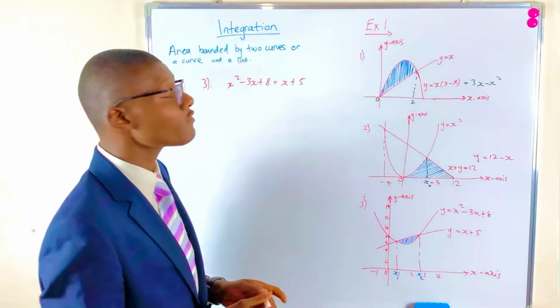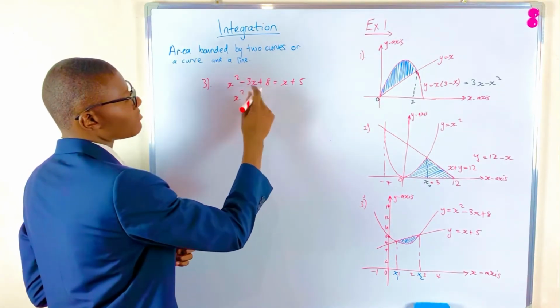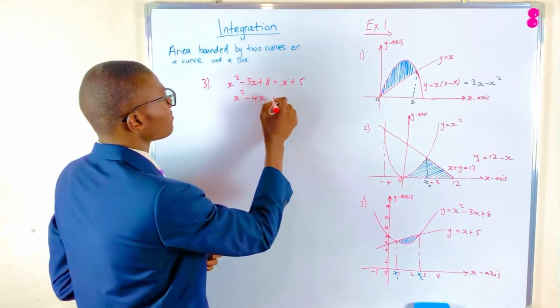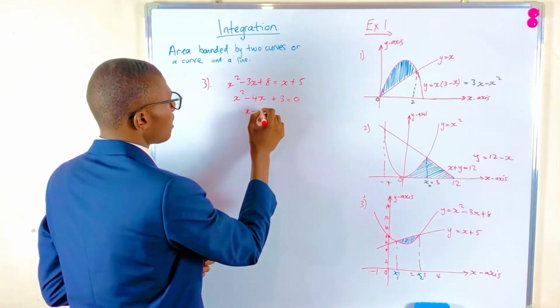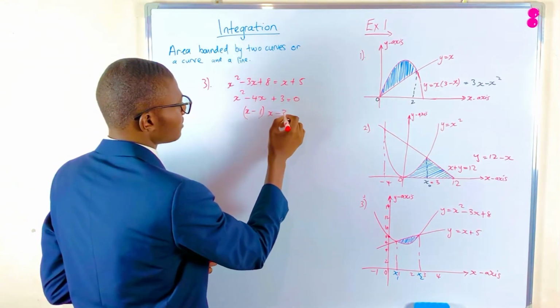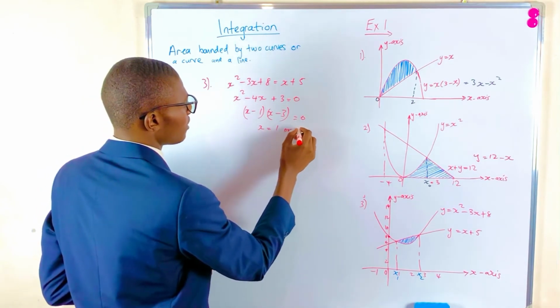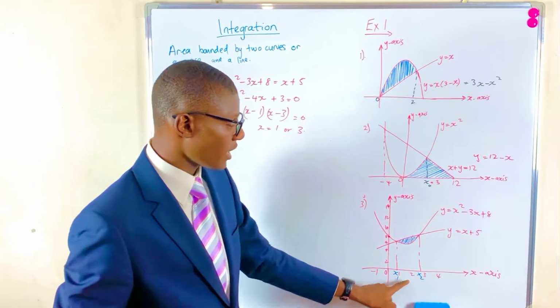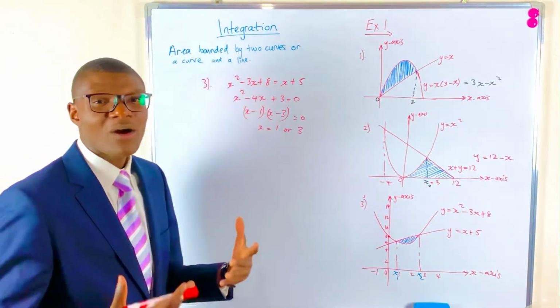Right, and then now solving for x, we're saying x squared minus 3x minus x, that's minus 4x. Then 8 minus 5, that's plus 3, is equal to 0. Such that we've got x minus 1 and x minus 3 being equal to 0. So x is equal to 1 or 3. So those are our 2. So here we've got 1 and 3. Those are the points of intersection, which will be our limits.